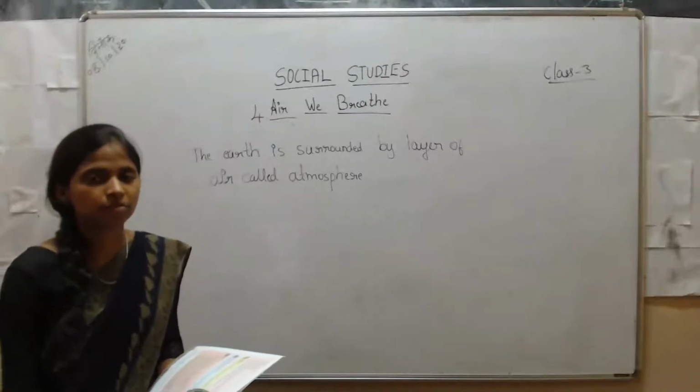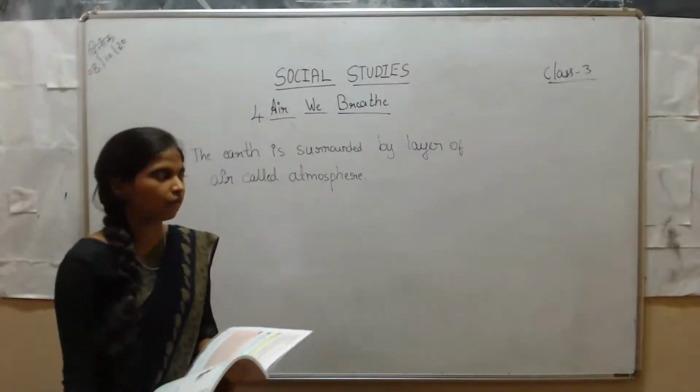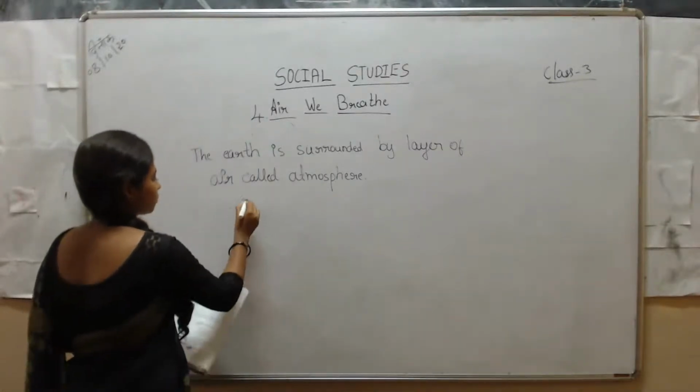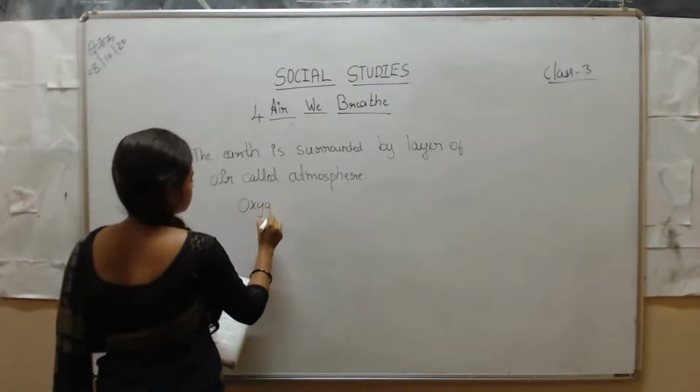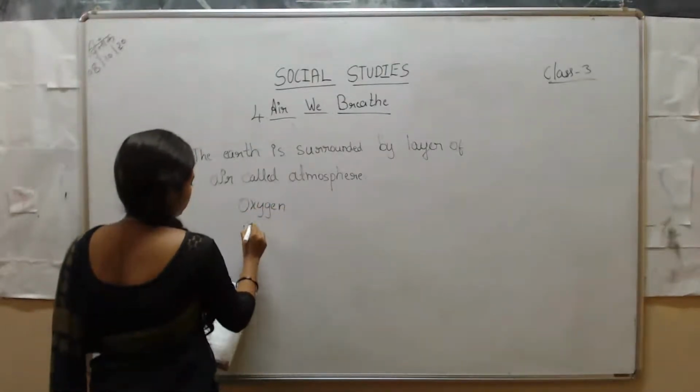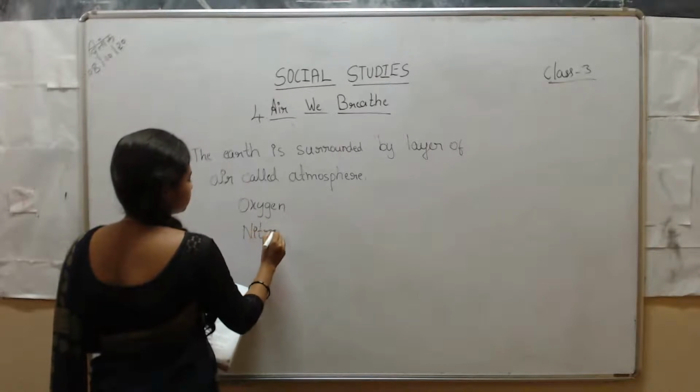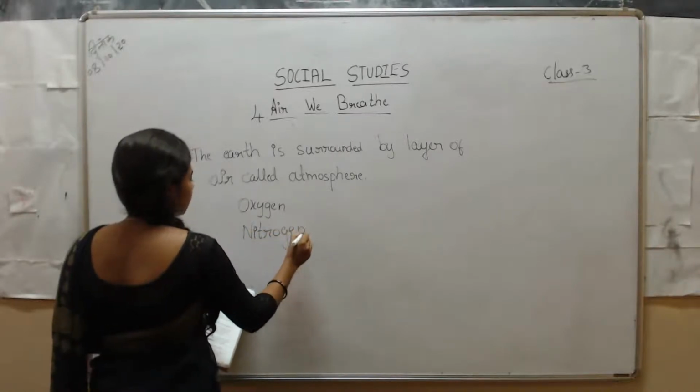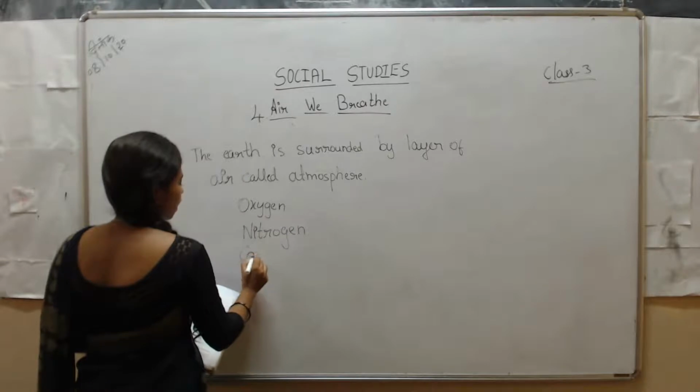This atmosphere is made up of three main gases. What are those? Those are oxygen, nitrogen, and carbon dioxide.